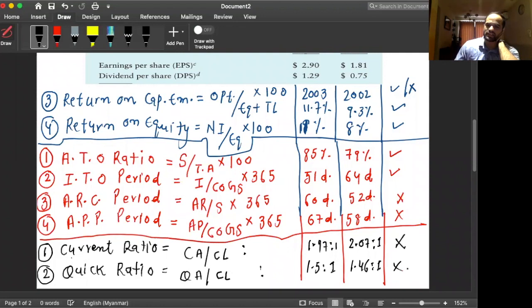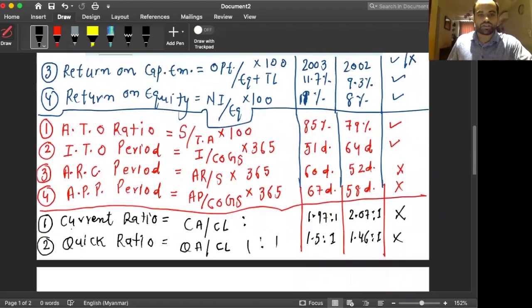So I assume it is not really a good signal, because it's getting far from 1:1, which is the standard quick ratio. So instead of holding too much cash, we should invest it. If the quick ratio is getting higher, this is not a good signal for the company. So these are the quick ratios.